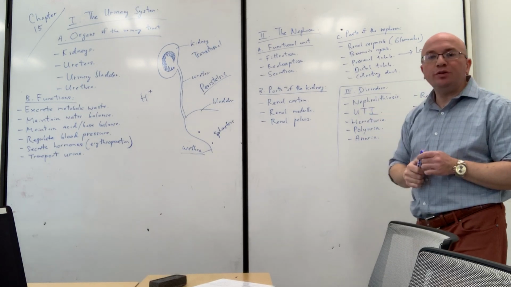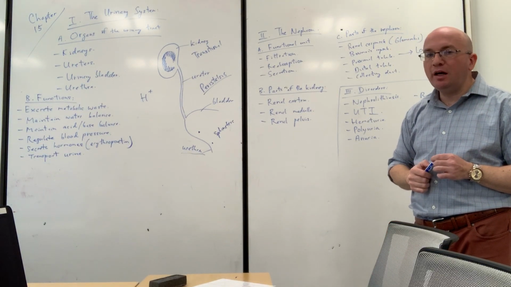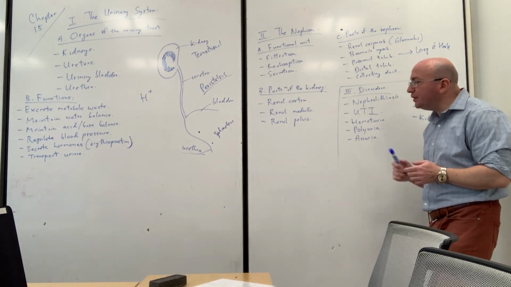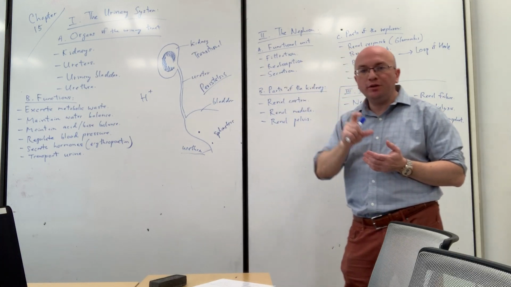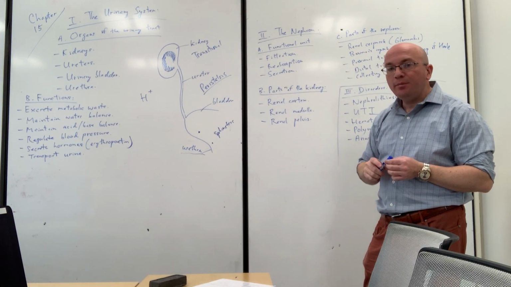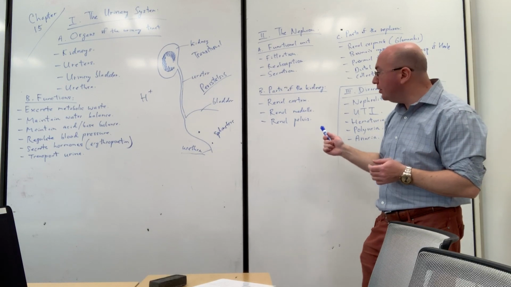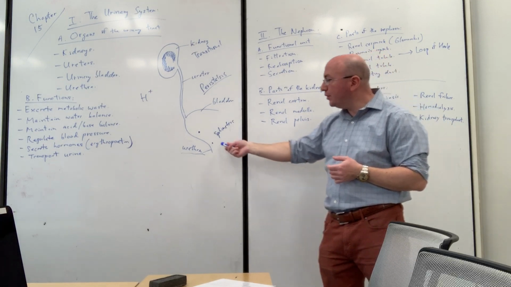Another very common condition is UTI, or urinary tract infections. This is very common, especially in women, due to the shortness of the urethra, as the bacteria have an easier path to travel from the outside, from the skin, into the bladder.